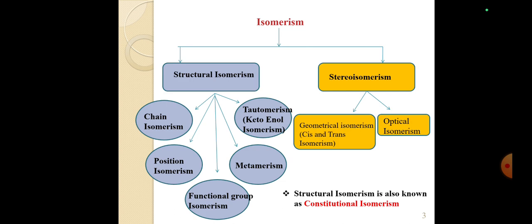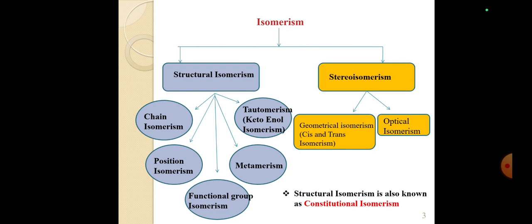Then coming to the classification of isomerism, it divides majorly into two parts. The first one is structural isomerism and the second is stereoisomerism. Structural isomerism is also known as constitutional isomerism.